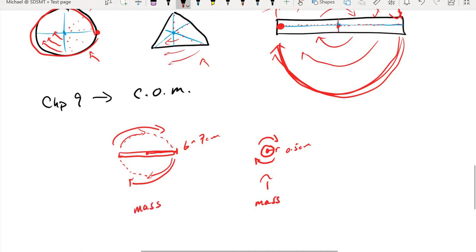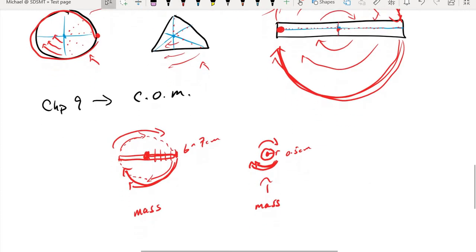Whereas in the other situation, you have more and more mass located at a further radial position from the pivot point, and it's more difficult to move that mass through that greater displacement than it is to move the mass through a smaller displacement.